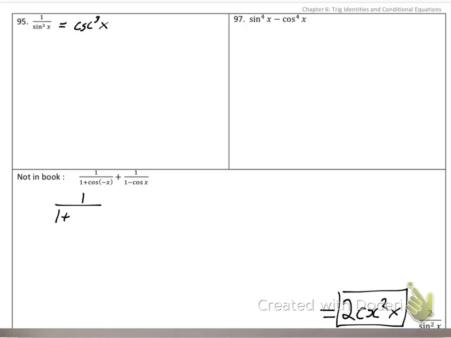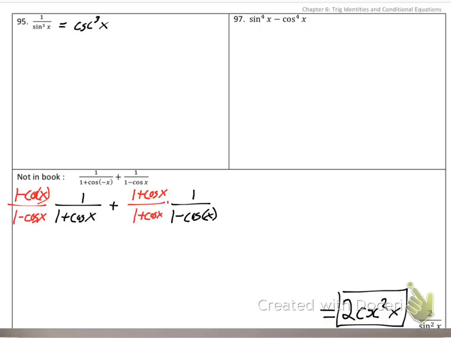Then plus, I'm going to leave a huge space, 1 over 1 minus cosine x. Because there's no way to combine these unless they have the exact same denominator. So what you're going to do is take the denominator from the other fraction and multiply the numerator. So this is going to be 1 minus cosine x over 1 minus cosine x, and this is going to be times 1 plus cosine x over 1 plus cosine x.